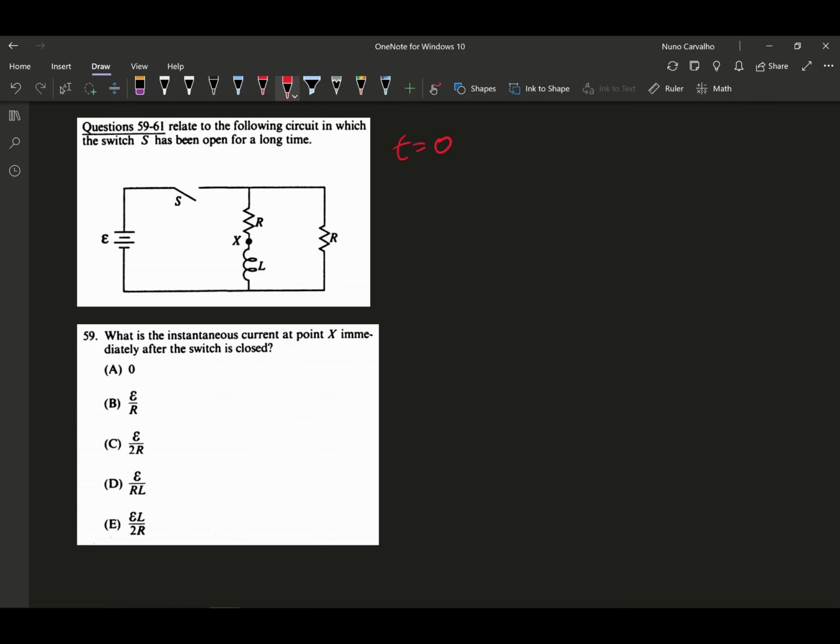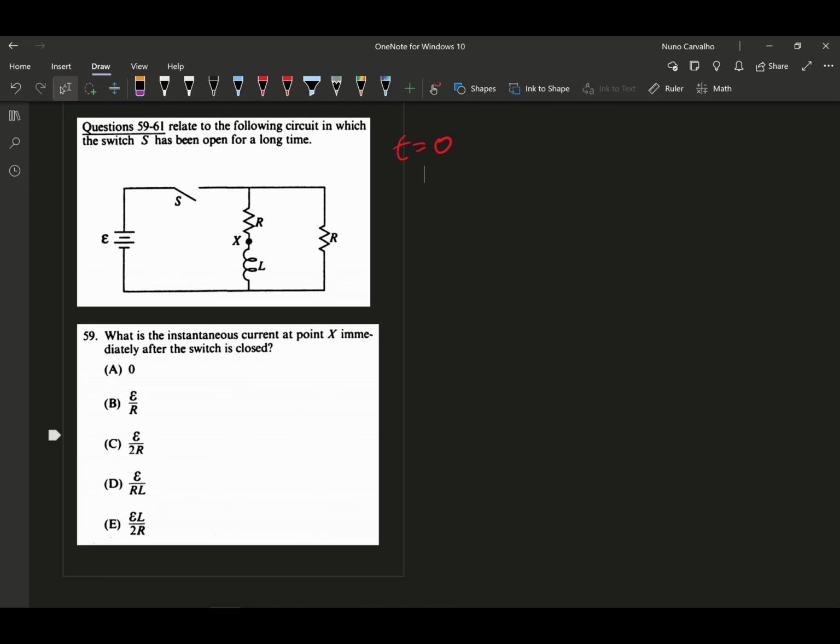Well, inductors sort of act in opposite ways to capacitors, which is to say, well, before I said that at t is equal to infinity, a capacitor will have zero current passing through it. Well, inductors are the opposite. Inductors will have a voltage that causes the current to be zero when the time is equal to zero. And why is that? It's because inductors basically resist a change in current.